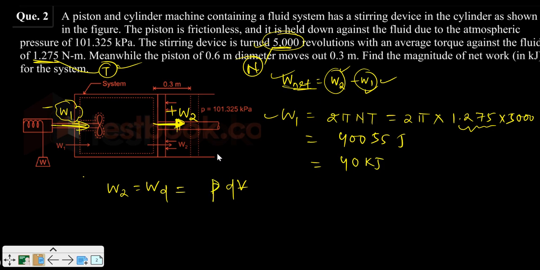Due to this addition of work, the pressure inside the system is going to increase, and due to this increase the piston is moving towards right. So pressure will decrease. So pressure increases and decreases continuously, but during the process, pressure will remain constant inside the system.